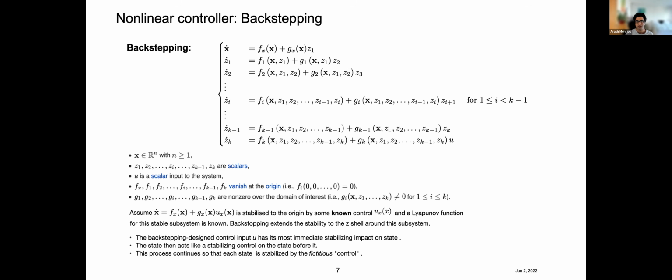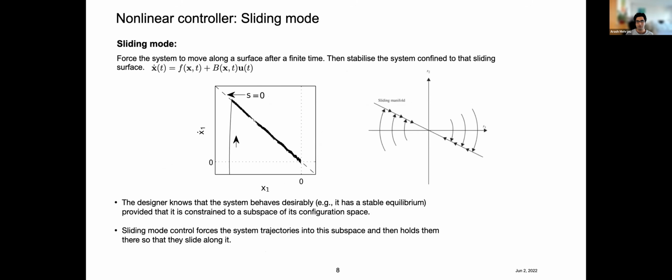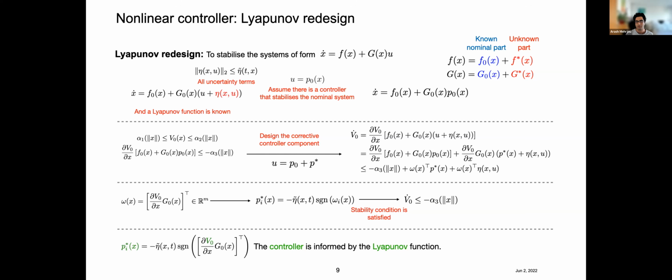But in nature, it's very similar to the Lyapunov redesign, where we have some subset of the system and then we try to extend the controller. We just used it at a conceptual, intuitive level. We didn't specialize the method to this. Yeah. Okay. All right.